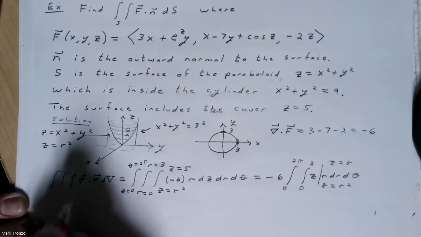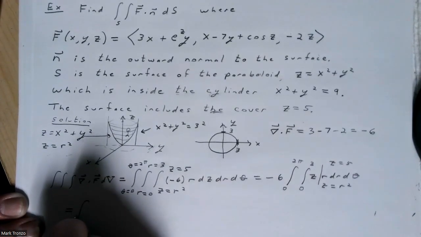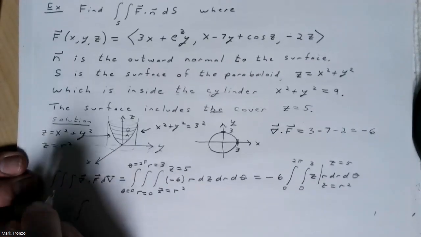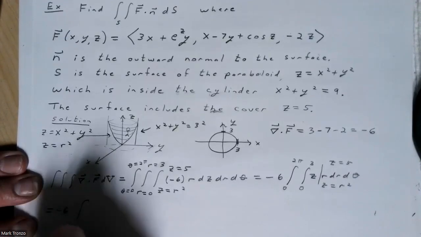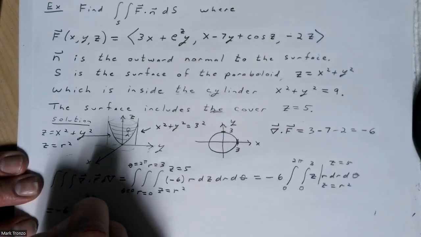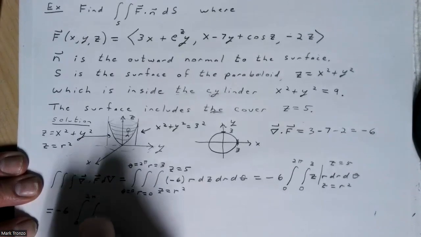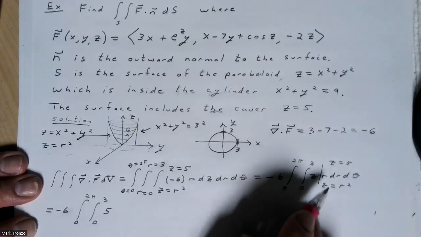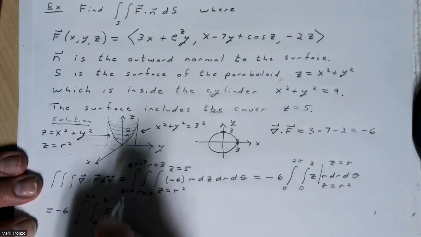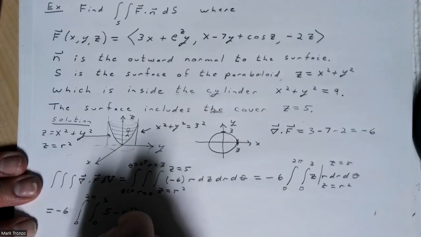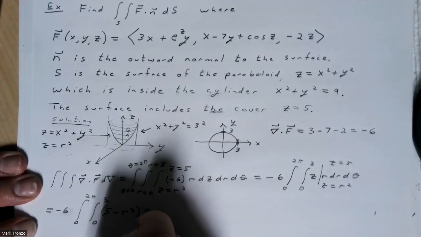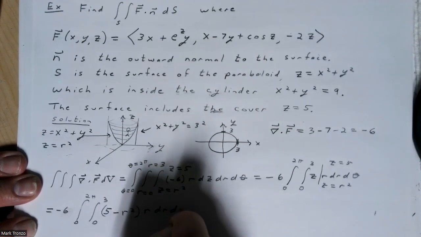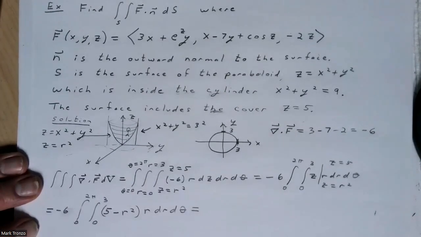And then put the values in here: 5 minus the lower bound, which is r squared, and then r dr d theta.